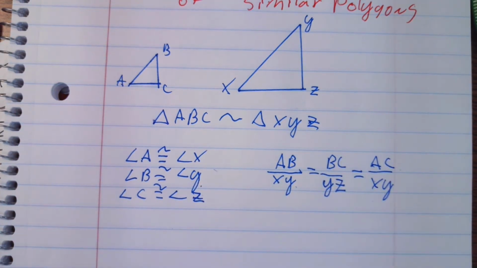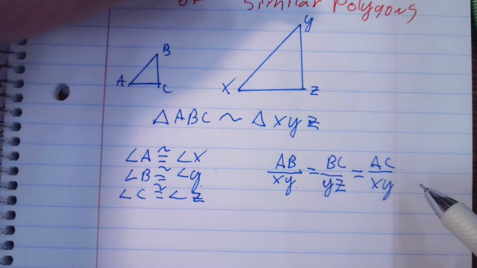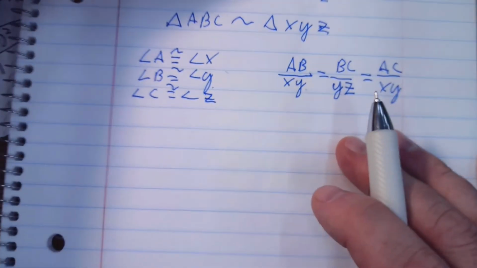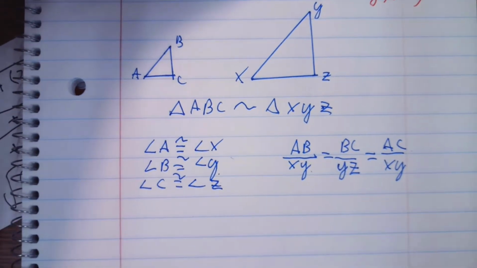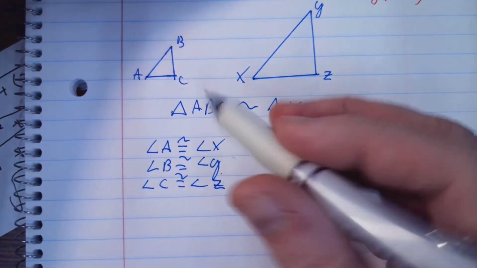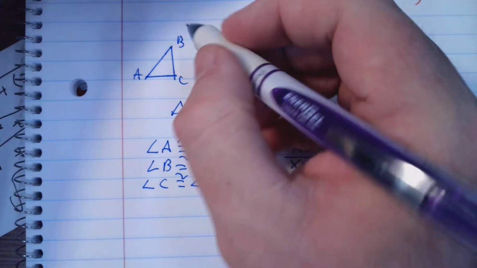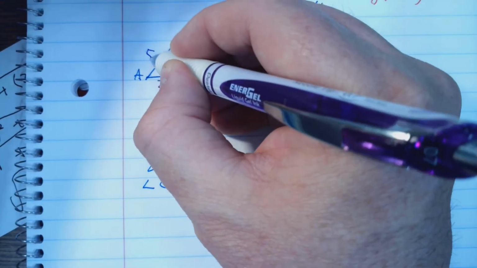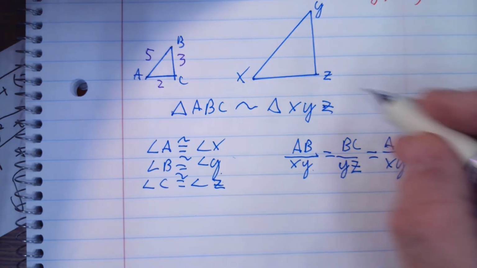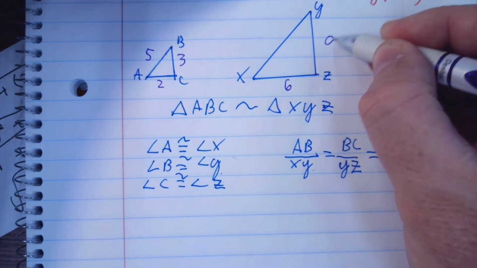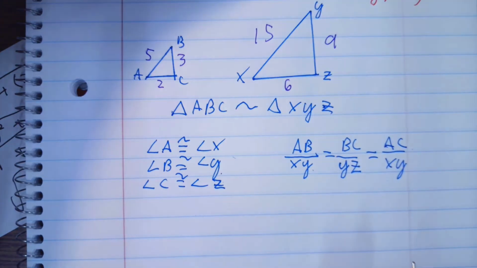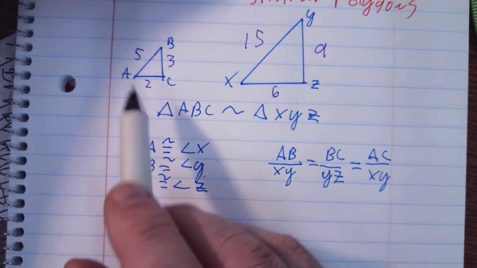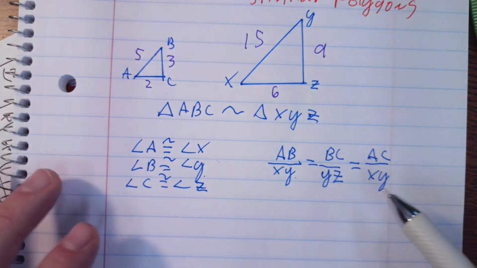Let's go into a direct example so we can see what it means for the ratios to be equal. I'm going to label this up: I'll call this 2, this 3, and this 5. I'll call this 6, this 9, and this 15. Let's look at the ratio between all these sides.